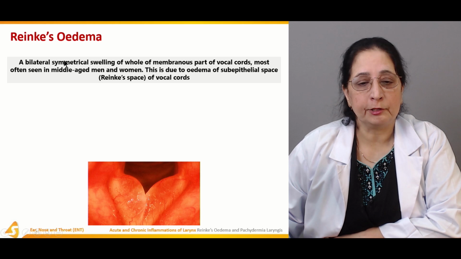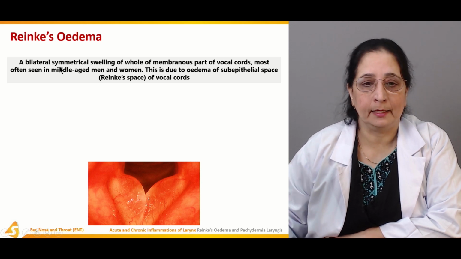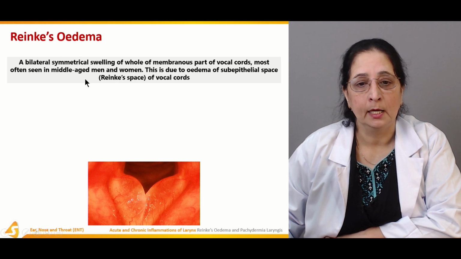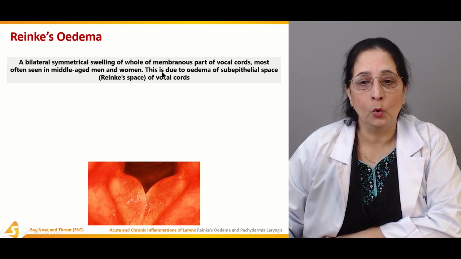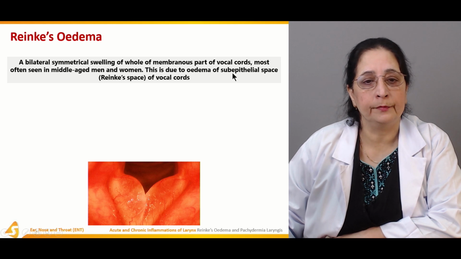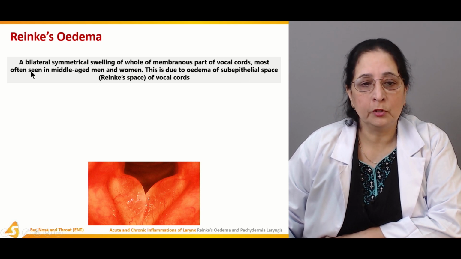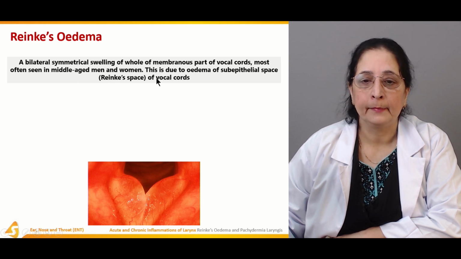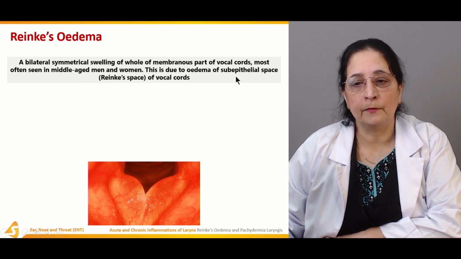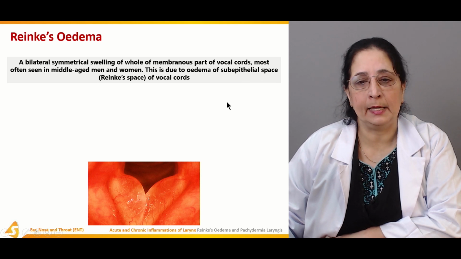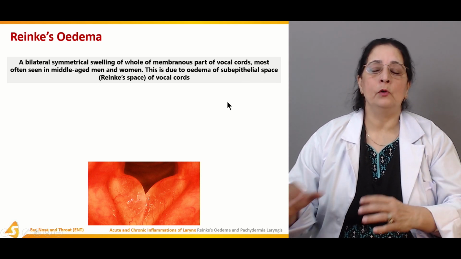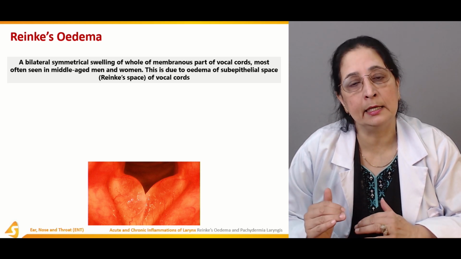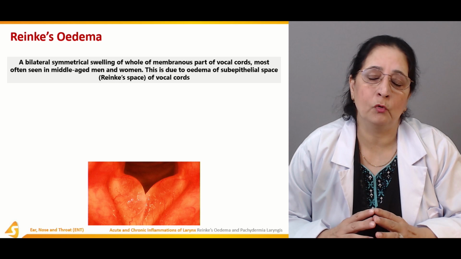It's bilateral, so both sides are affected, symmetrically affected, not asymmetrically. Swelling of the whole of the membranous part of the vocal cord, most often seen in middle-aged men and women. This is due to edema of the subepithelial space, and this space is known as the Reinke space of the vocal cord.